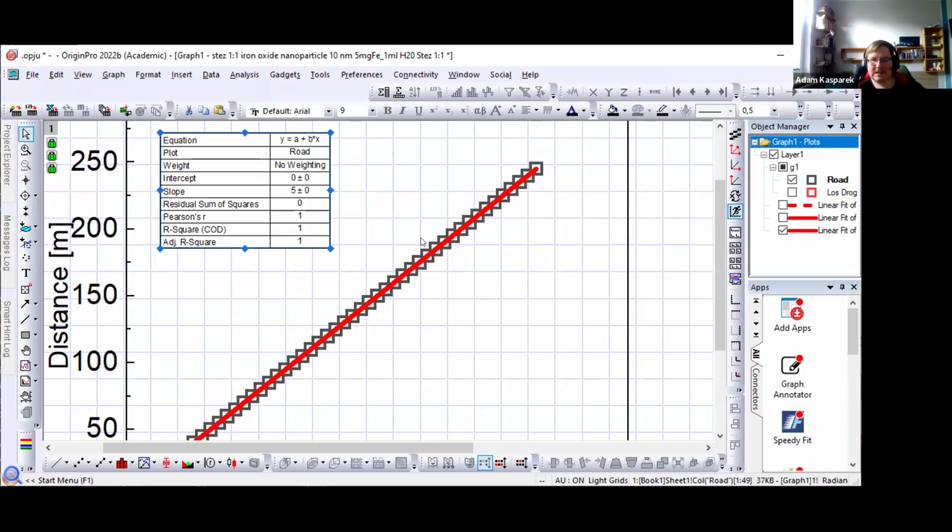But to be clear, it is not exactly the best value because it strongly depends on the type of fitting which we will be doing.